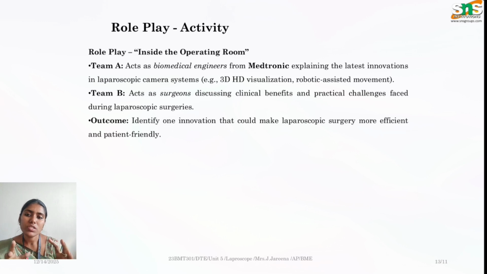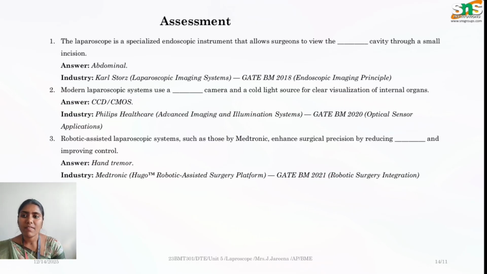The biomedical engineers discuss the latest innovations in laparoscopic camera systems, and the surgeons discuss the benefits and practical challenges faced during their surgeries. At last we come to know how far they understand this topic in line with recent trends and technologies. This is followed by an assessment related to this topic.